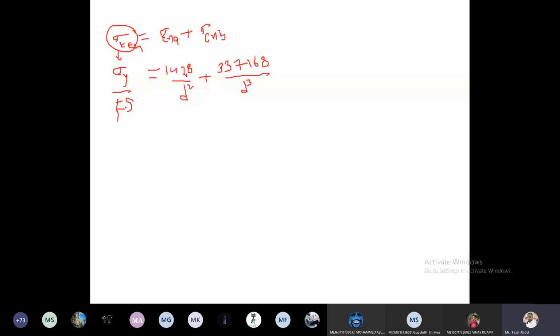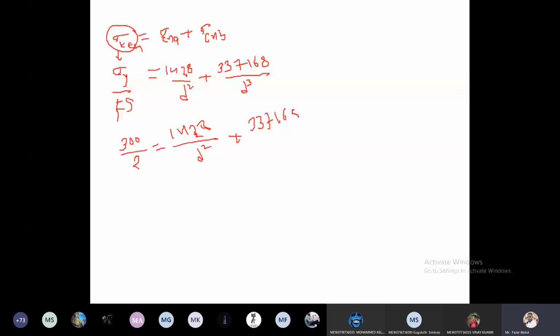Yield strength, how much is given in the question? 300, by factor of safety 2. So 300 by 2 equals 1428 by d square plus 337168 by d cube.